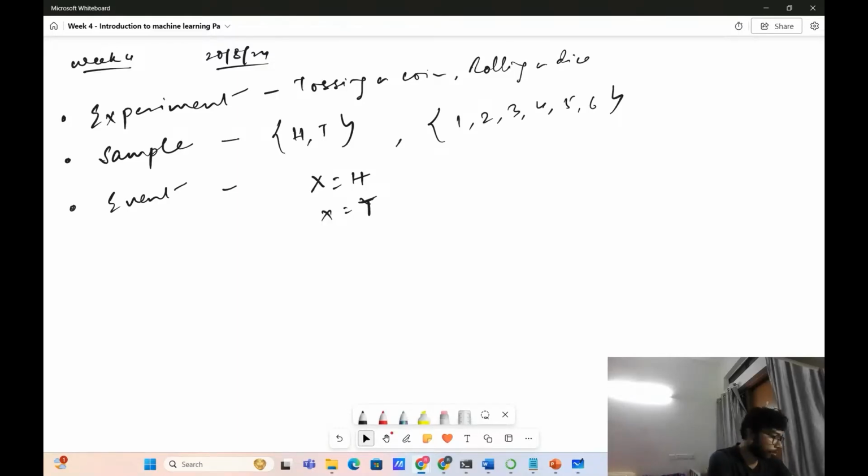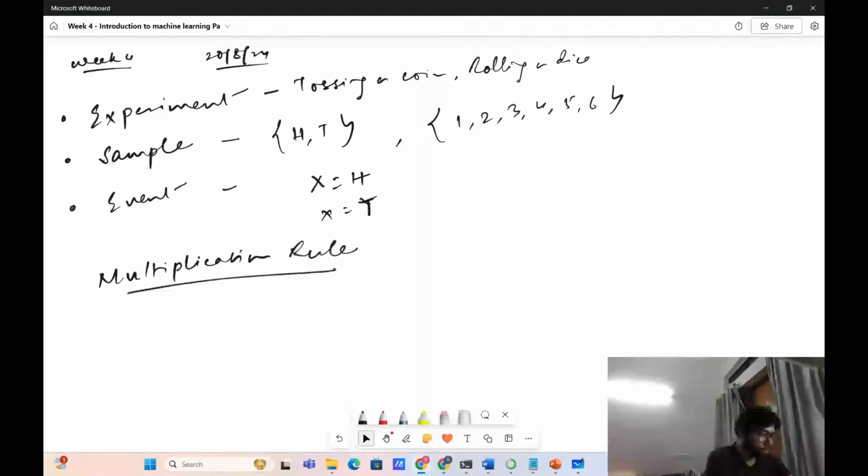Now, before going into the definitions of probability, let's look at one rule called the multiplication rule. I'll explain it with an example first, and then I will describe the rule. Let's say you go to a shop.